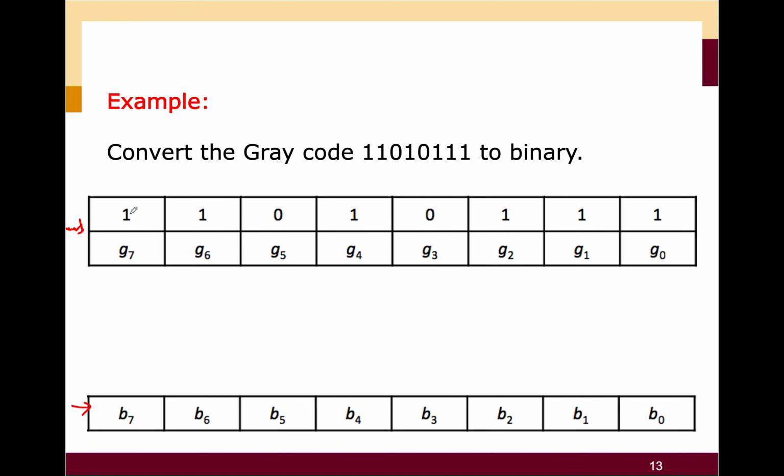Over here you will bring it directly to the binary code, just as earlier you brought the first number directly to the gray code.